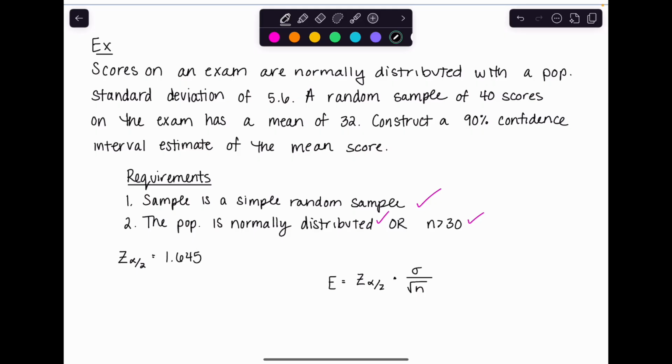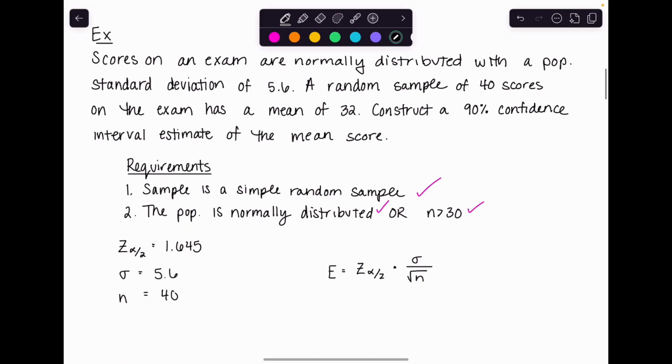Then our value of sigma is 5.6. And the number in our sample is going to be 40. The other thing I'm also going to need, in this case, they don't give me all the data values, so I don't have to find my sample mean, but they tell me a random sample of 40 scores on the exam has a mean of 32. So this is what I'm going to use to figure out what I need to add my error to.